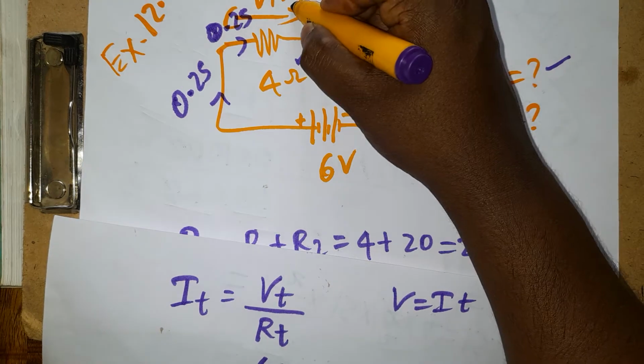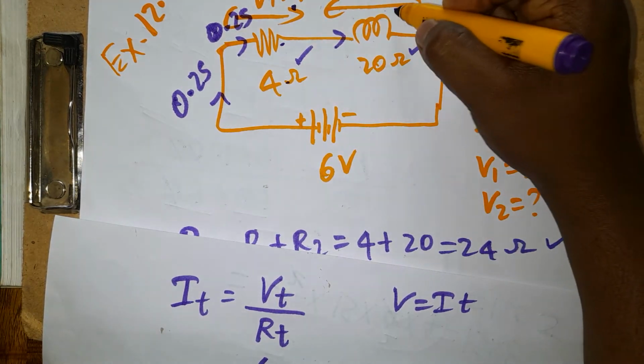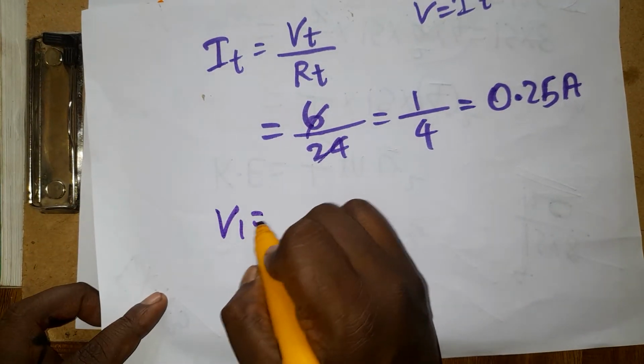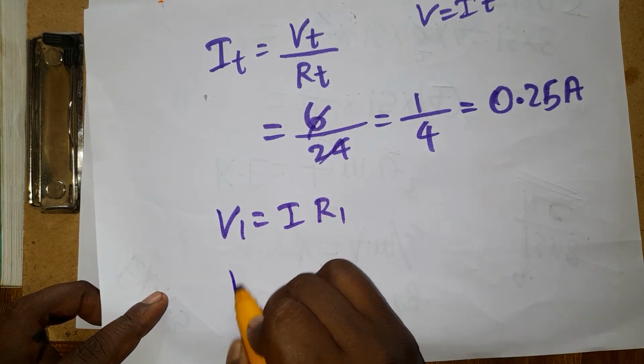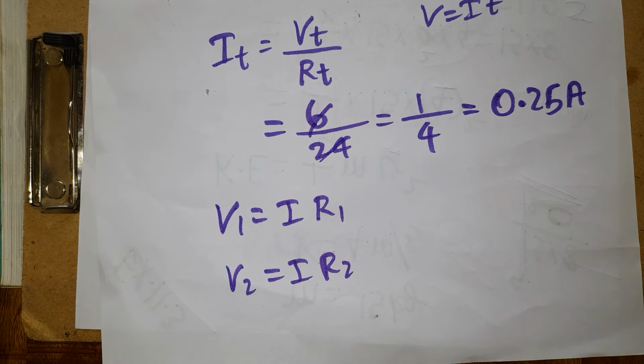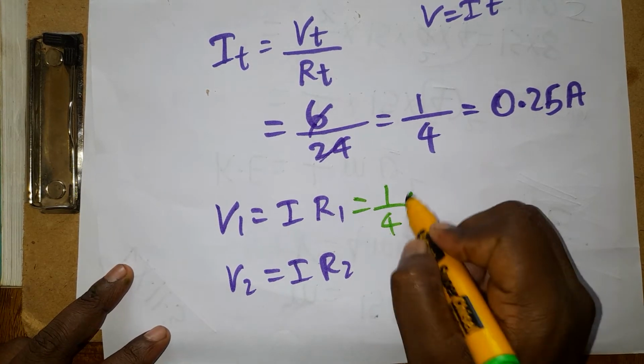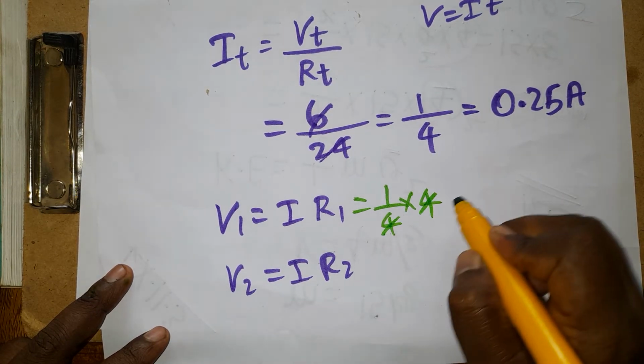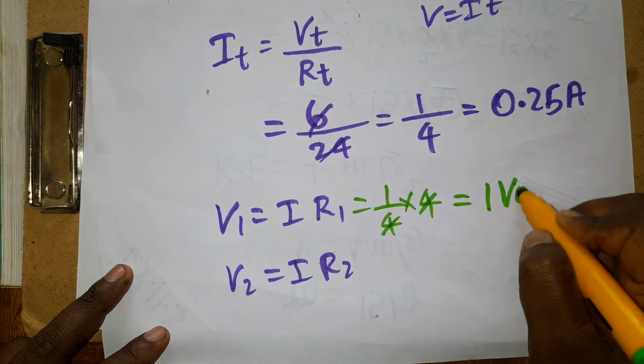Now V1 is I R1, V2 is I R2. Why is the current the same? In series, current is constant. V1 is 1 by 4 into 4, the 4 gets cancelled. It is 1 volt.